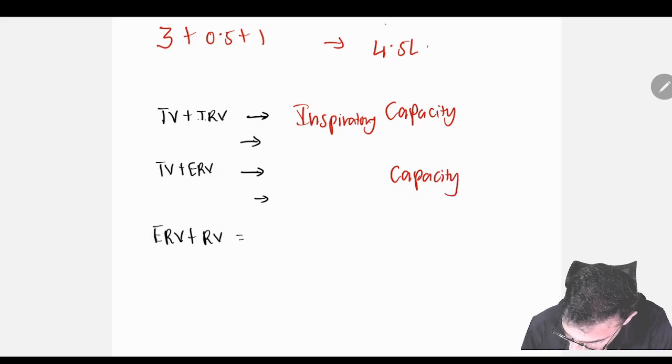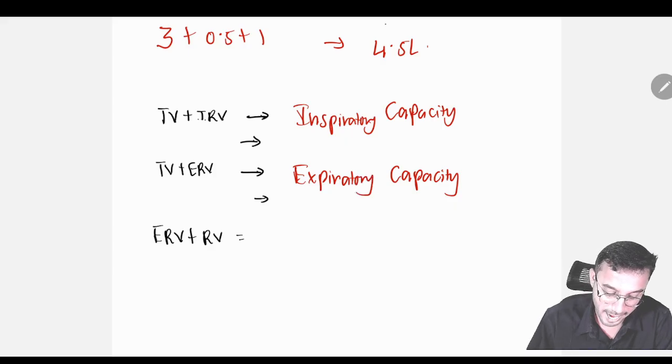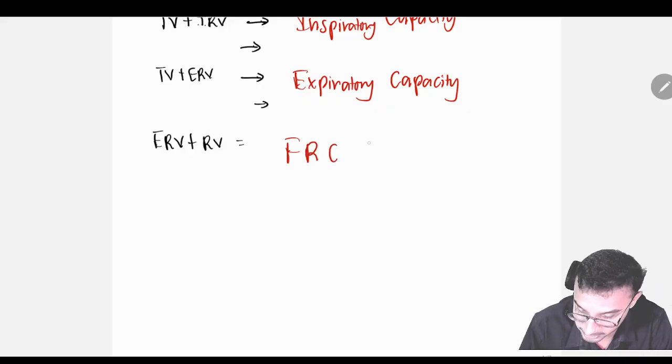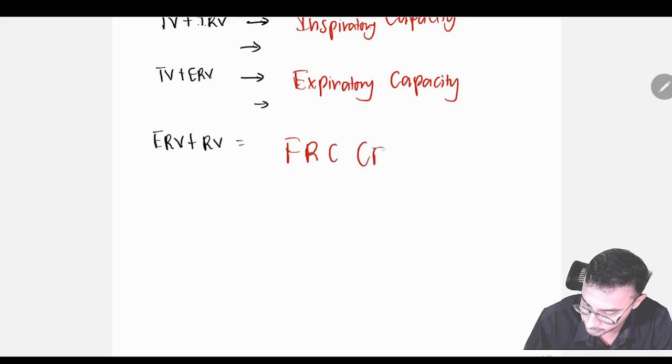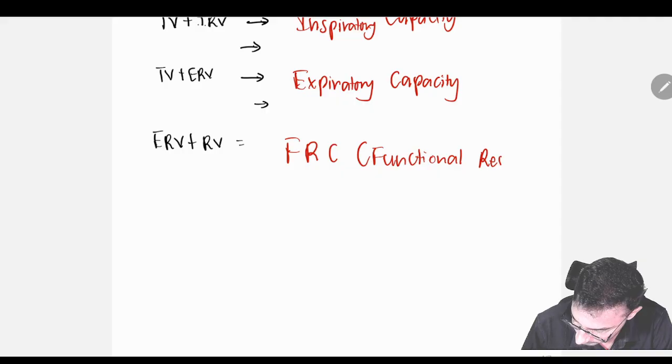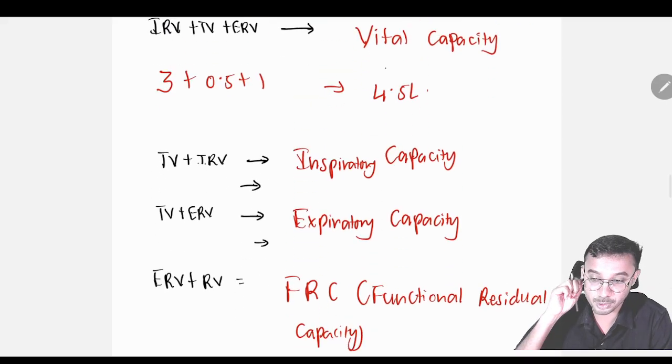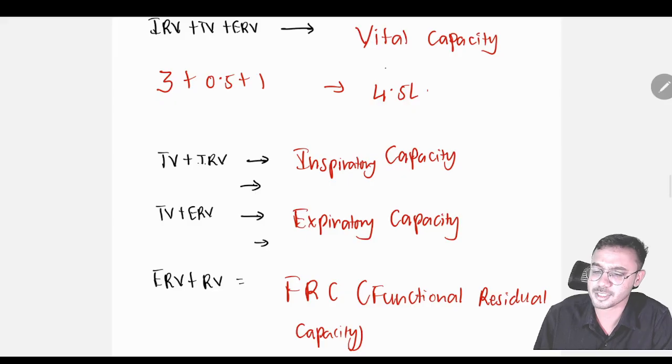Which capacity? Expiratory capacity. If I add ERV plus RV, that is functional residual capacity, FRC. If you know the above slide, you can solve this. Just put in the values and add them, basic mathematics.